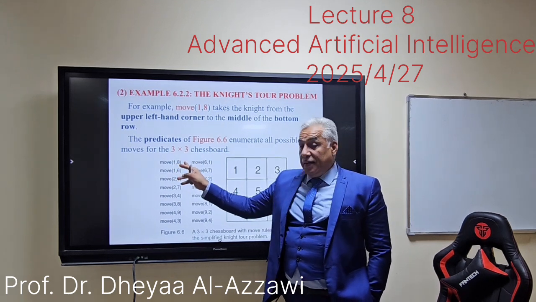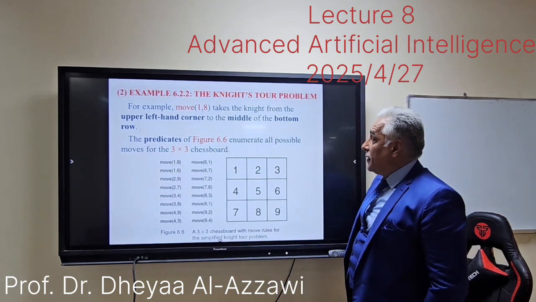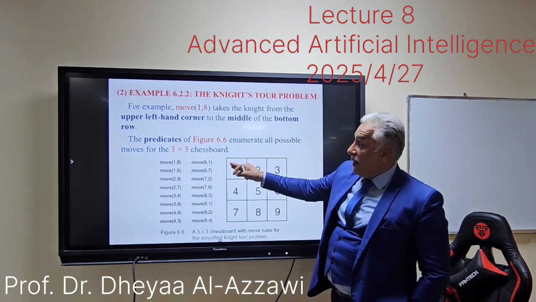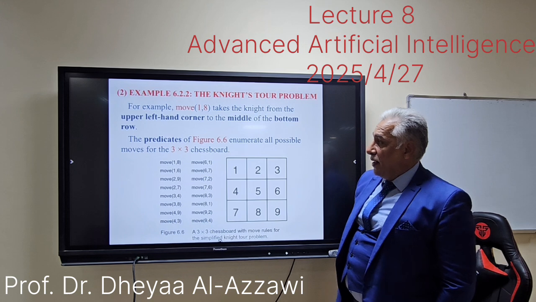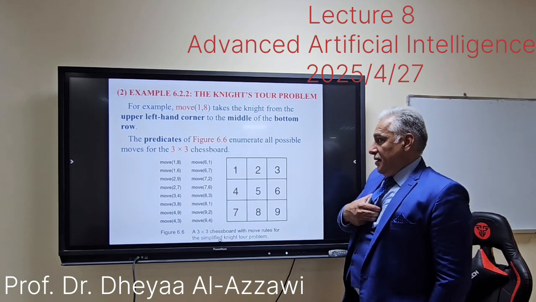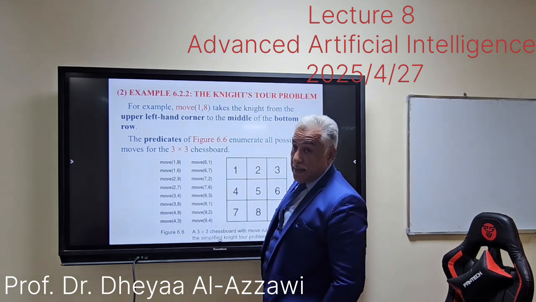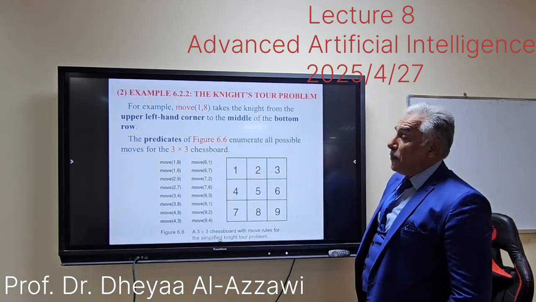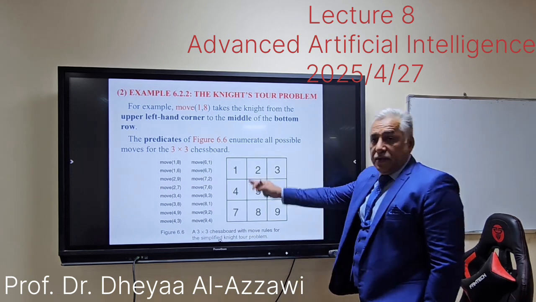Therefore, move(1, 8) takes the knight from the upper left hand corner to the middle bottom row. Thus, the predicates in this figure 3.6 enumerate all possible moves of a 3 by 3 chessboard.